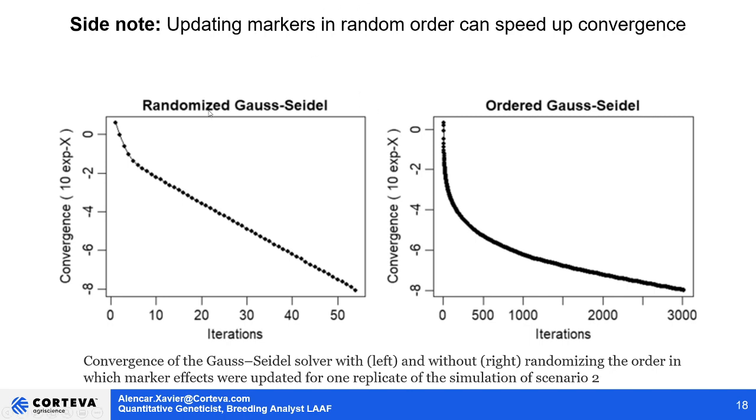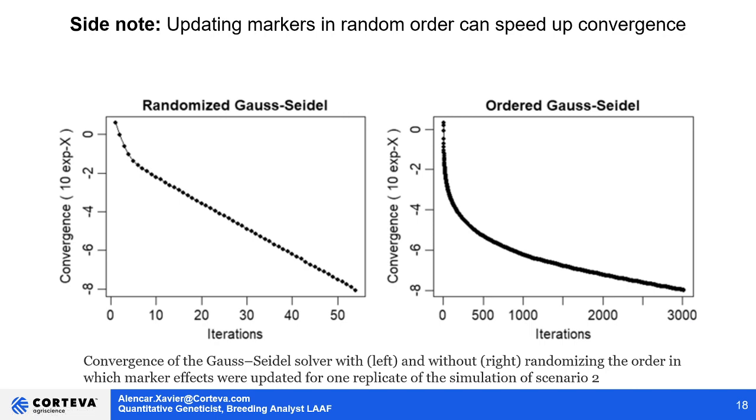On the left here, we are updating the marker effects in random order using the randomized Gauss-Seidel, and the whole mixed model equation with 10 traits, 5,000 observations and 4,000 markers converged within 50 iterations, probably a 20-30 second operation. The same model with the same data, if we update the marker effects using an ordered Gauss-Seidel cycle, meaning a loop over the same sequence of markers, took as many as 3,000 iterations.